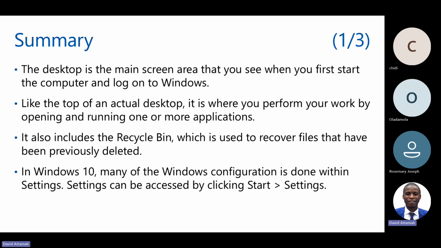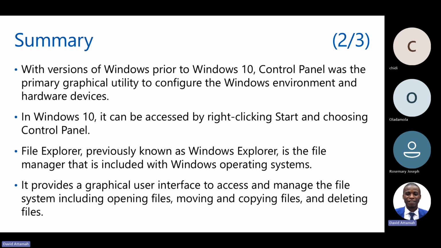In Windows 10, many of the Windows configurations are done within the settings. The settings can be accessed by clicking the Windows Start button, and then you select Settings. With versions of Windows prior to Windows 10, Control Panel was the primary graphical utility to configure Windows environments and hardware devices.